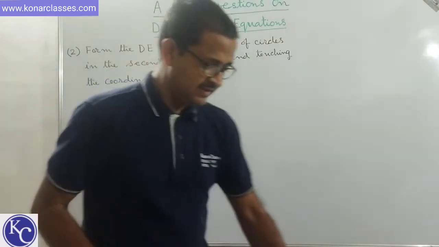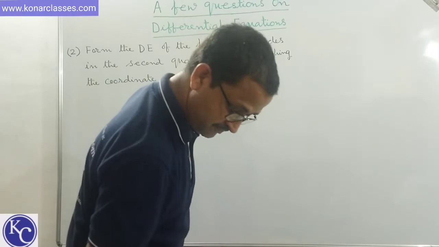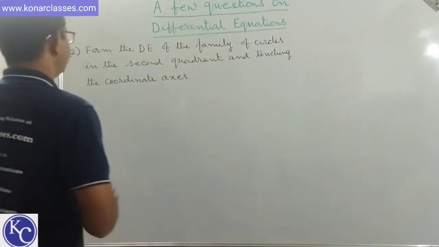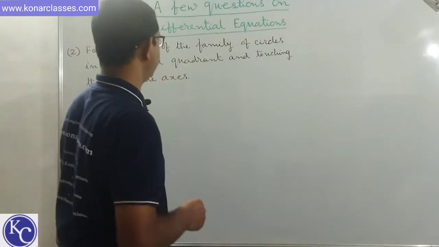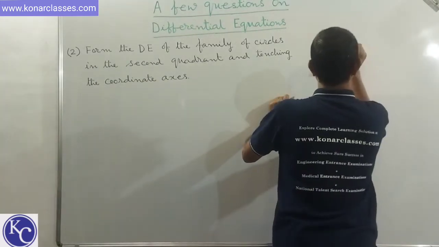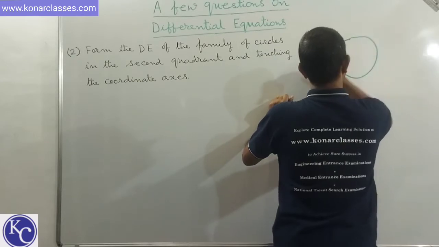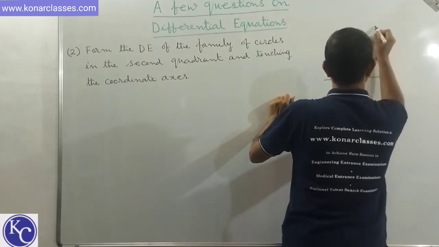Okay. So let us first give a visual representation of this question. Form the differential equation of the family of circles in the second quadrant and touching the coordinate axis. That means what, dear students? If the circle is something like this, we can draw the coordinate axis something like this.